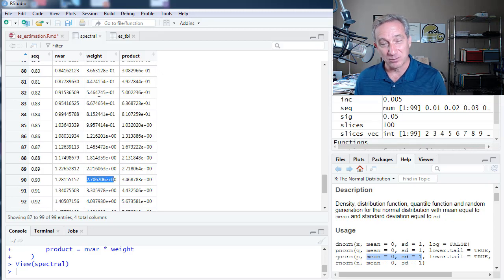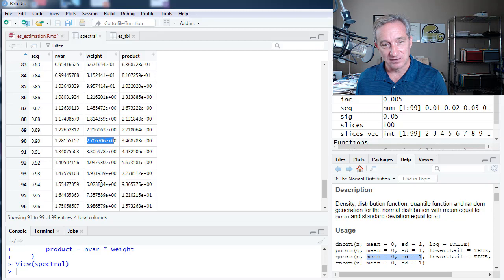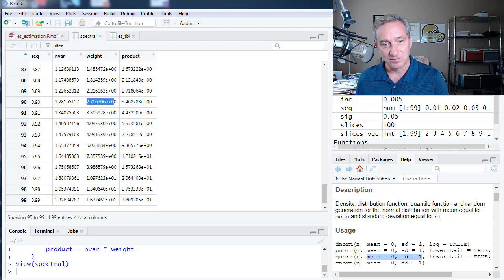So the weights are basically 0 at the left tail and the body of the distribution, and then they start to increase as we get to the right tail. And then here I've taken the product of the quantile and the weight, which means that to get my spectral risk measure, all I need to do is average the values in my product column.